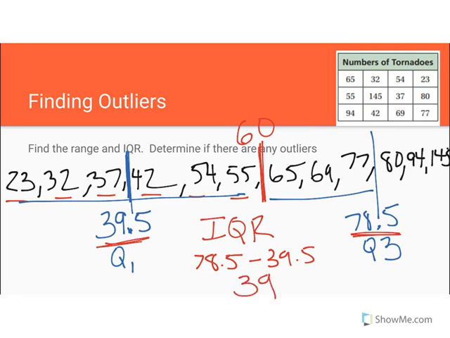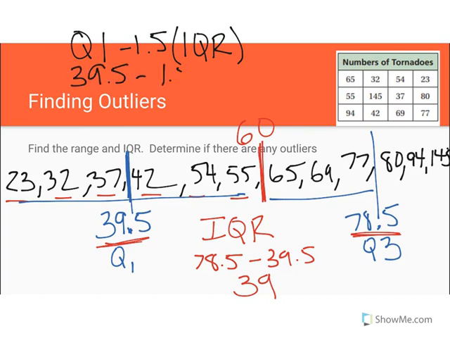All right, so that means my data is spread out. Okay, again, how we find our outlier is I'm going to do Q1 minus 1.5 times my IQR. So that means any number less than what I get for this formula is considered an outlier. Quarter 1 was 39.5.